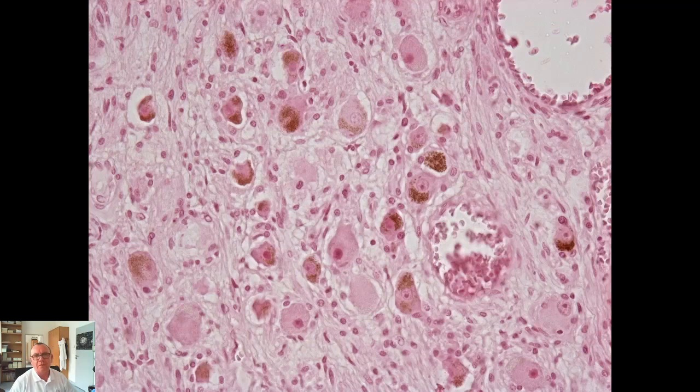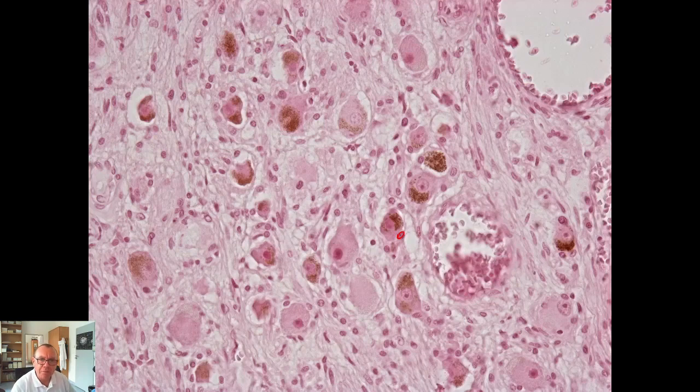Second picture is just higher magnification of the same. So neurons, sometimes with lipofuscin, only rare satellite cells on the surface of these neuronal bodies, never forming a big layer.